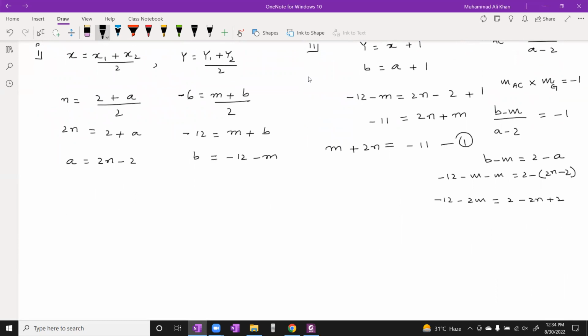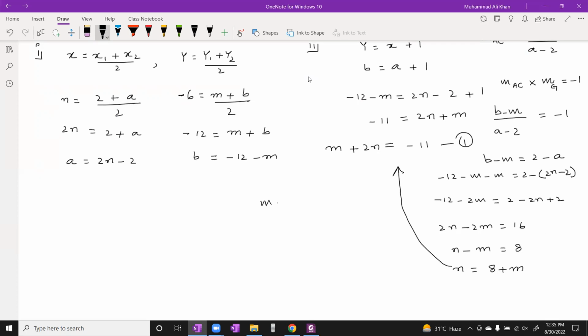2n, if I bring it to the left side, so it will be 2n minus 2m equals, this is 2 plus 2, 4, 4 plus 12 will be 16. Taking 2 common and dividing, n minus m equals 8. What is the value of n? 8 plus m. Substitute the value of n in equation 1.